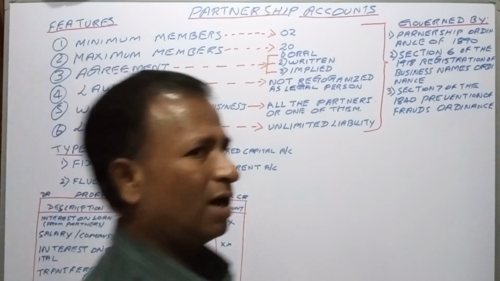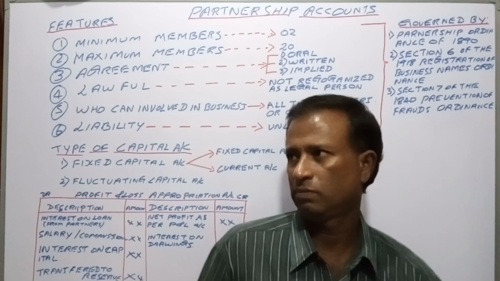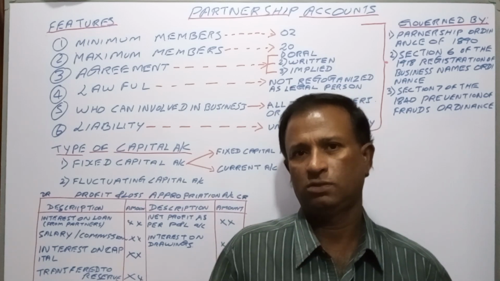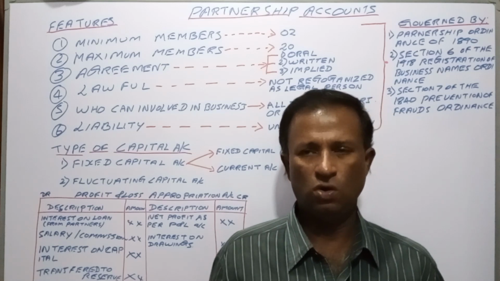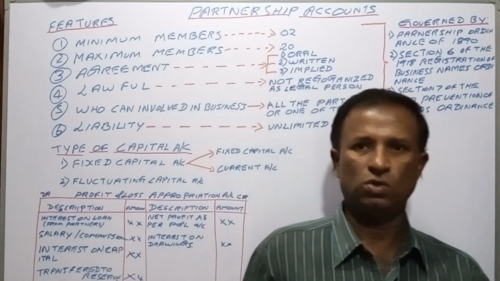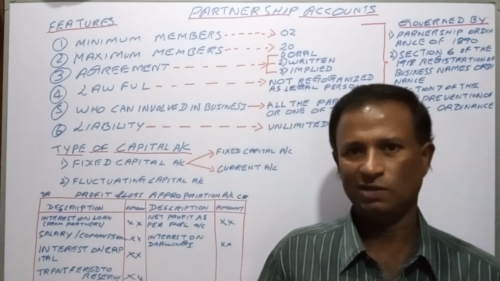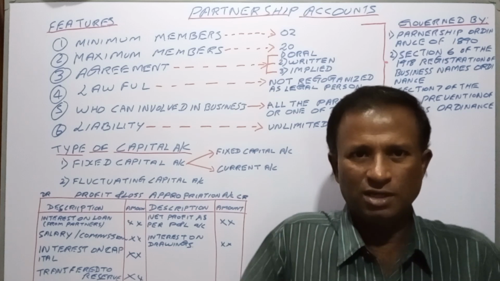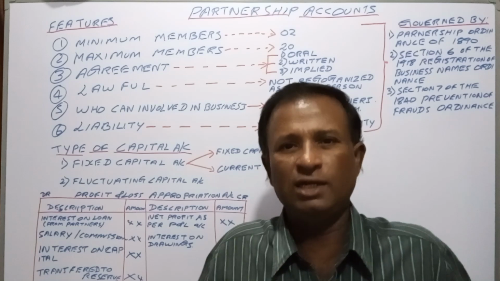In the partnership they say if the capital of the partnership, or the investment the person brings, is more than 1000 rupees, the partnership agreement has to be in writing.